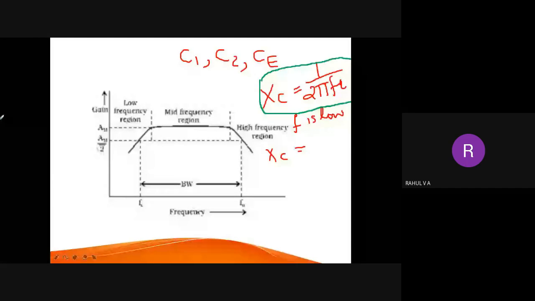Okay, here you have an equation: Xc is equal to 1 by 2 pi fC, where f is frequency and C is capacitance. So when the frequency is very low, Xc will be very high.